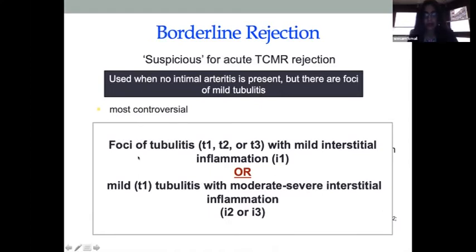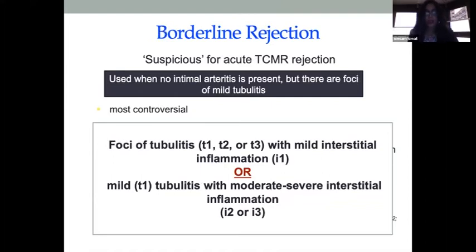So any form of tubulitis with mild interstitial inflammation should be considered borderline, or if we have only T1 tubulitis with significant interstitial inflammation, that also should be considered borderline. Anyhow, without getting into too much sophisticated pathological detail, this is what we mean by borderline rejection.